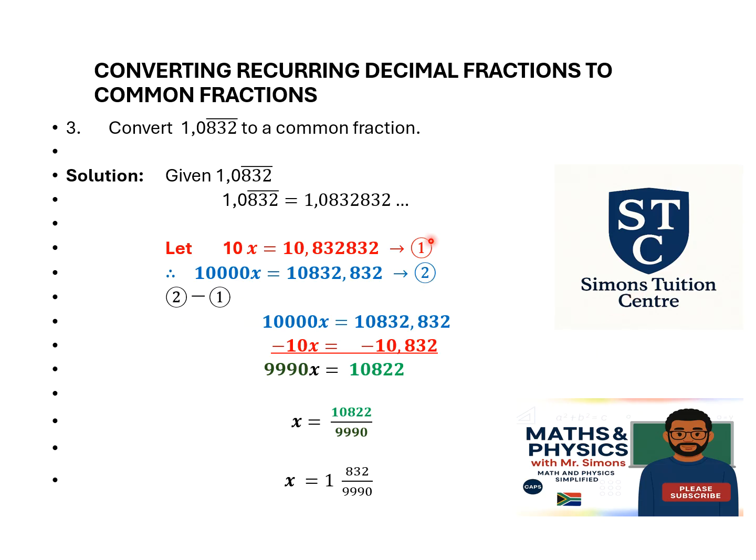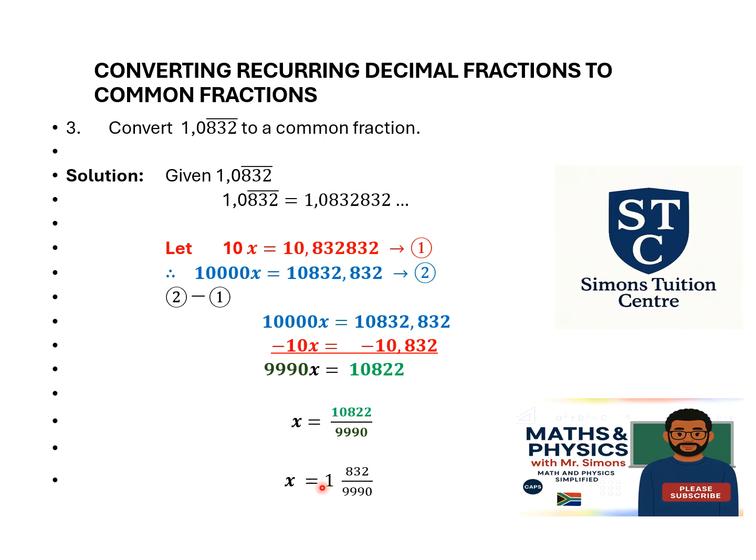If we subtract 2 from 1, 10,000x minus 10x gives me 9,990x. The 832 and 832 cancel. 10,832 minus 10 gives me 10,822. To make that 1, we always divide by the coefficient in front of it. So 9,990 divided by itself gives me 1, and that becomes 10,822 divided by 9,990.